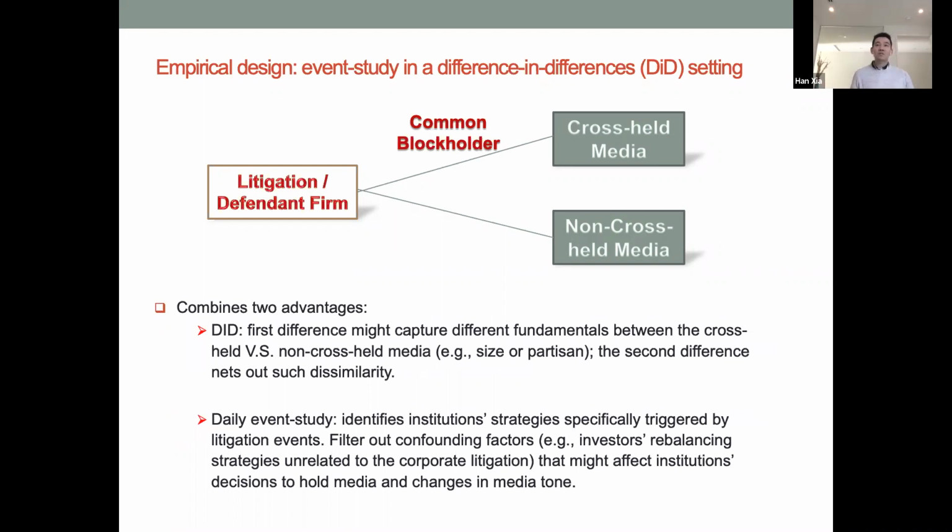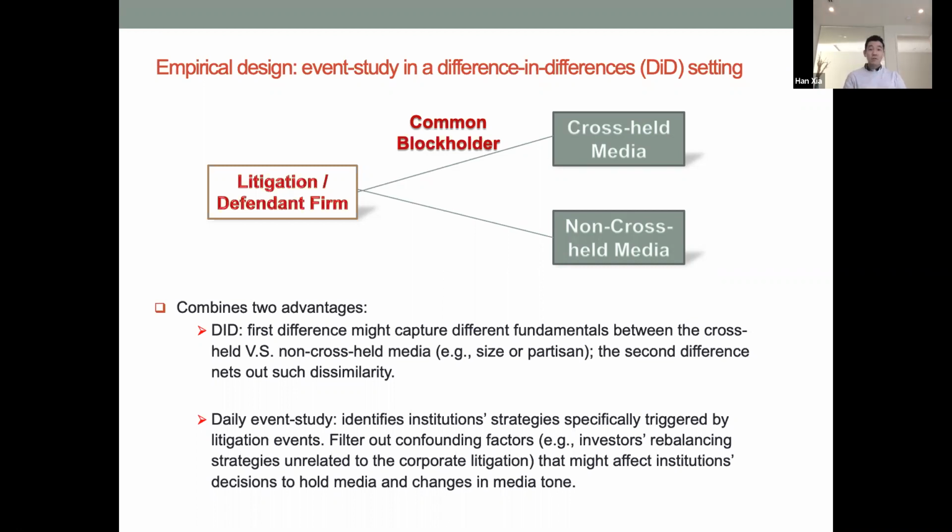Obviously, this empirical design has some advantages. The first advantage is straightforward. The two types of medium may have different fundamentals, like their partisanship or size or readership. But the second difference nets out such different fundamentals. Our second advantage comes from the daily event study.